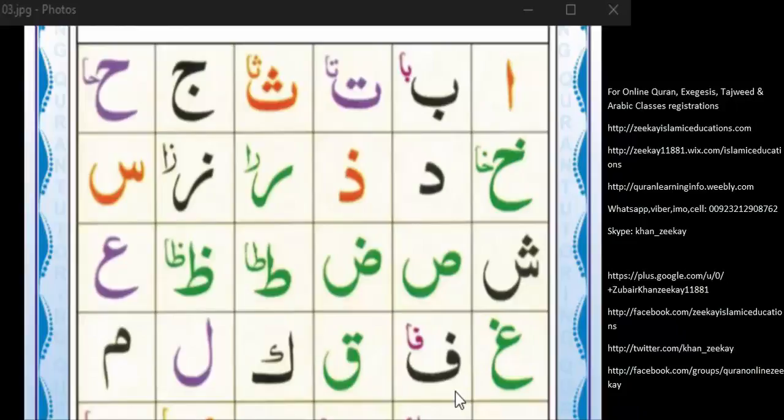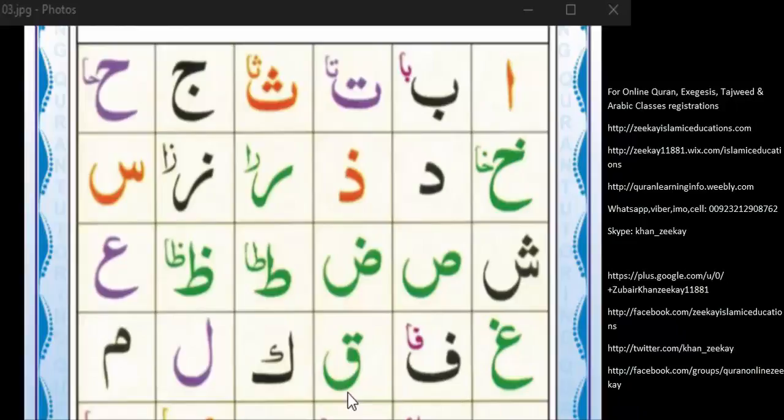It will also touch the teeth which are beside the center teeth. It means that the lower lip can touch the upper central teeth while pronouncing it.